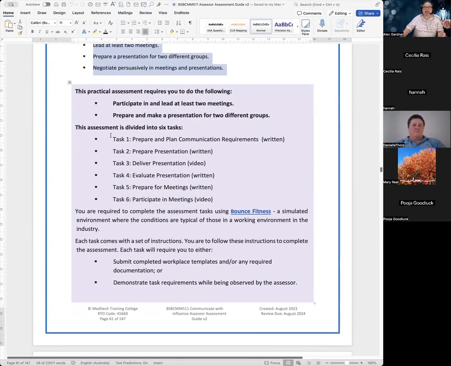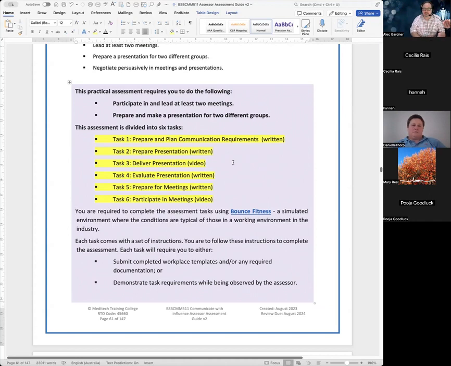The way the assessment task is going to be done is going to be broken into 6 parts. Your first task is going to prepare and plan communication requirements, and this one's going to be written. Your second task here is going to prepare presentation, which is written. Now, you can do this on PowerPoint, whatever medium that you're going to actually present with.